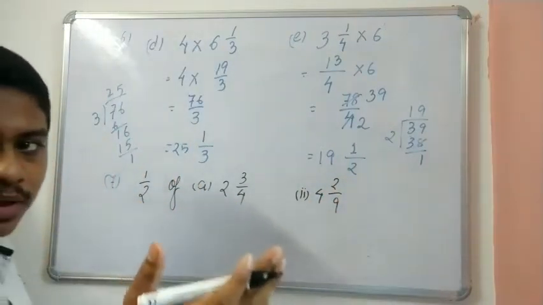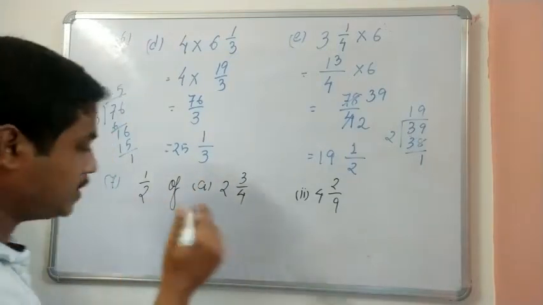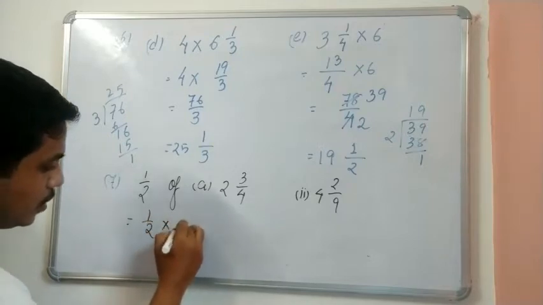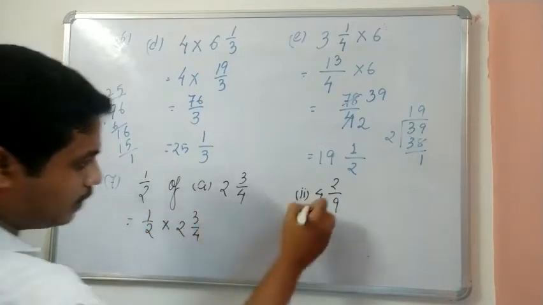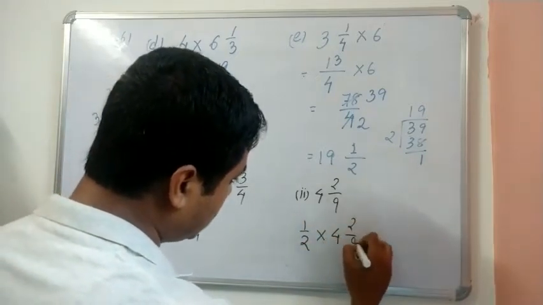Everyone knows, as I have already explained, that of means multiplication. So I am doing the first one: half into 2 3 by 4, and for the second it will be half into 4 2 by 9.